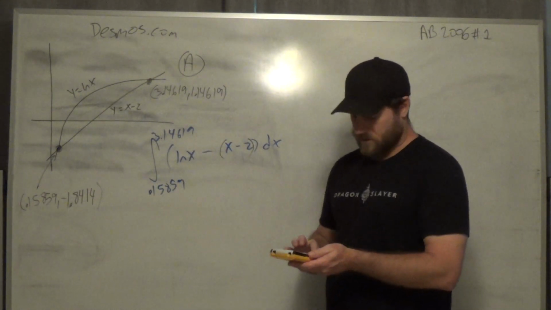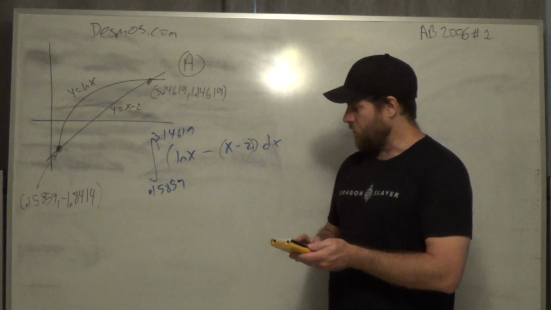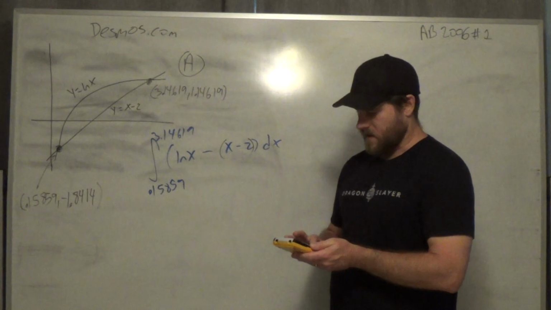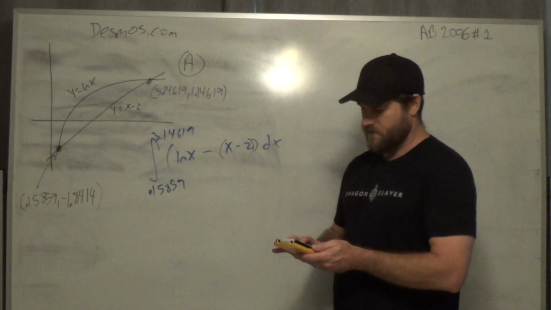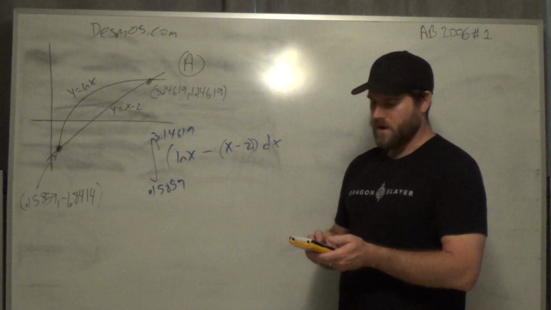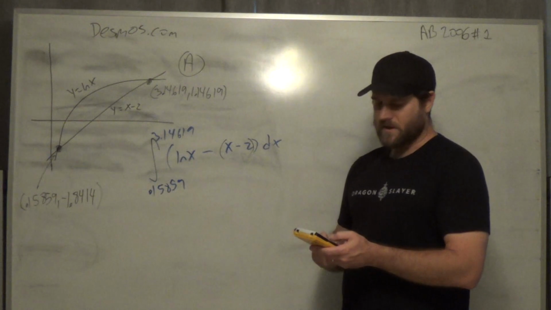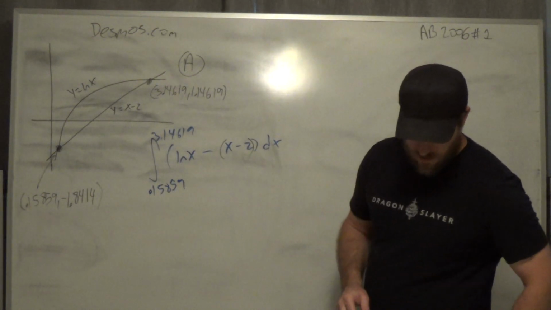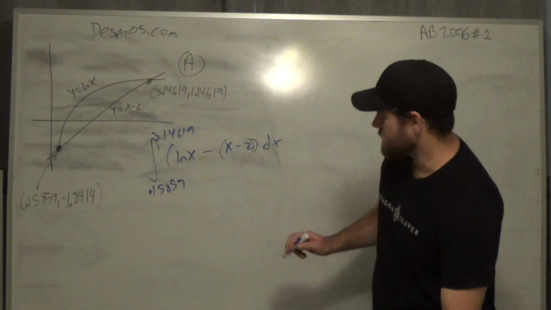From this to this, so 0.15859 to 3.14619. And then I'm going to use hotkeys y1 minus y2 because I don't feel like typing things in. And I get an answer of 1.9490.